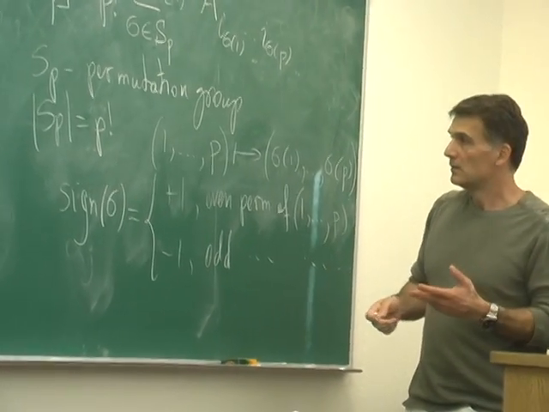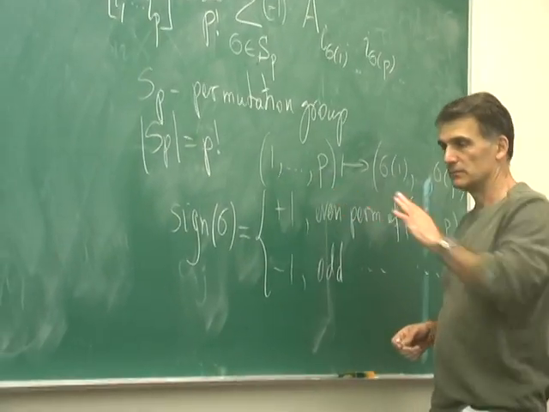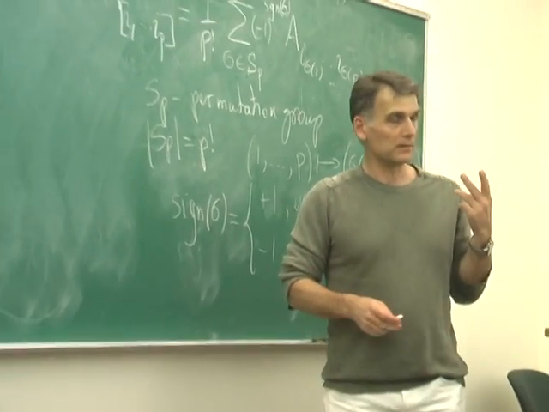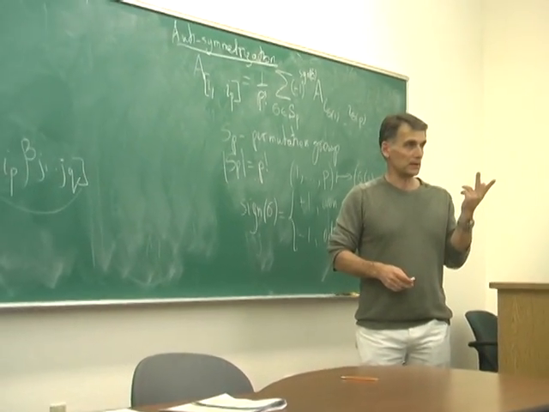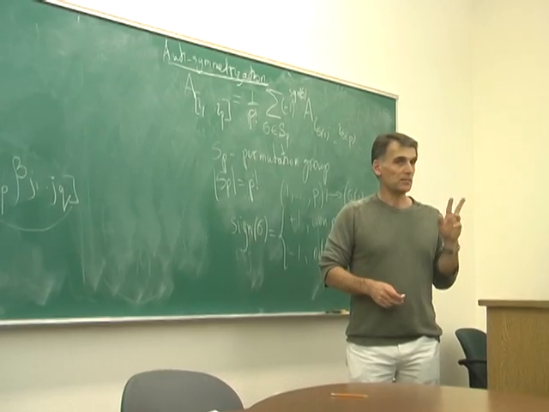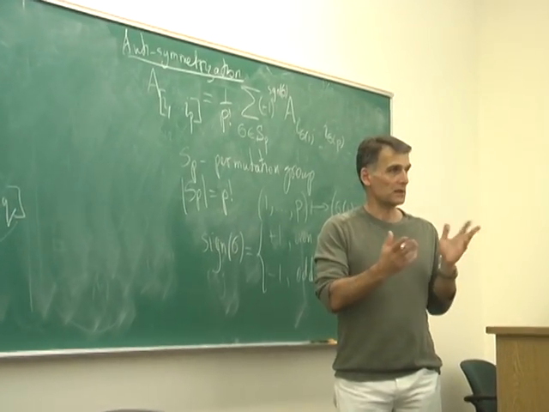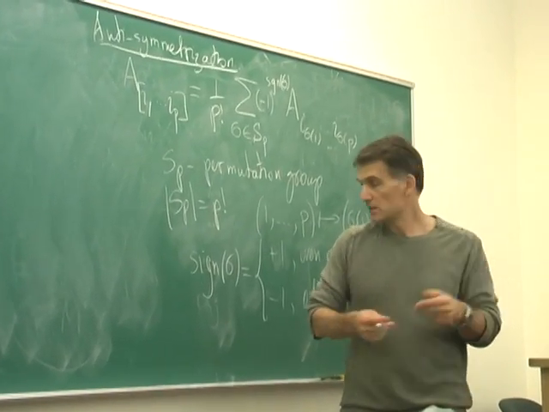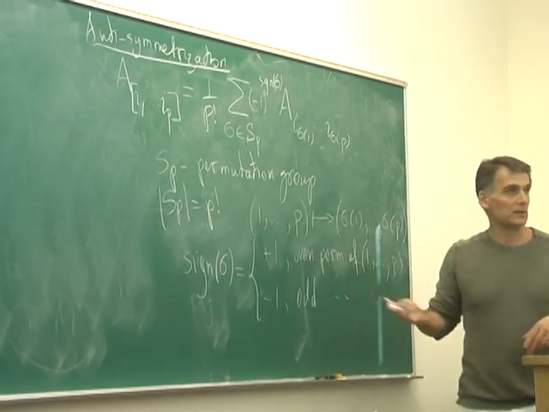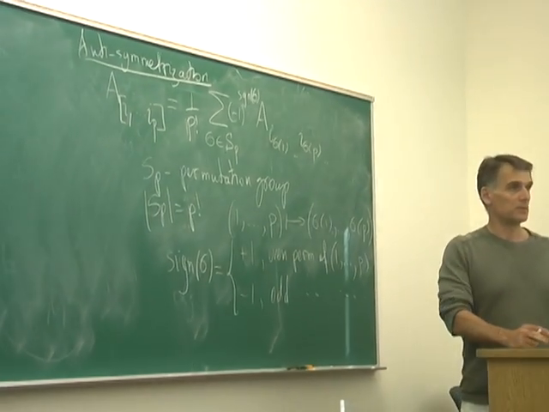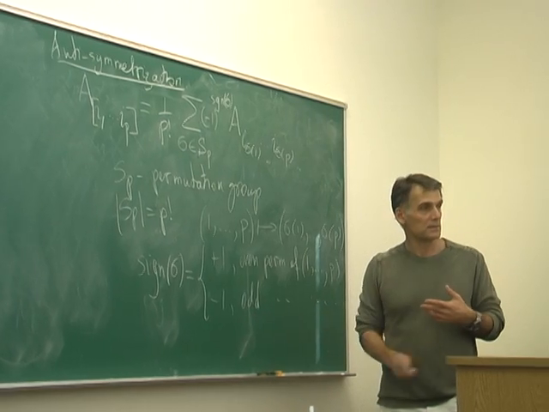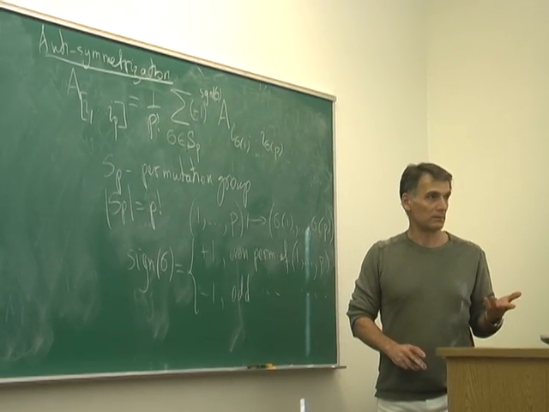Well, basically you could introduce the notion of elementary permutation, when you just permute two elements at a time. Any permutation can be realized as a combination of elementary ones. So the even one is the one that contains an even number of elementary permutations, and the odd one is the one that contains an odd number of elementary permutations.